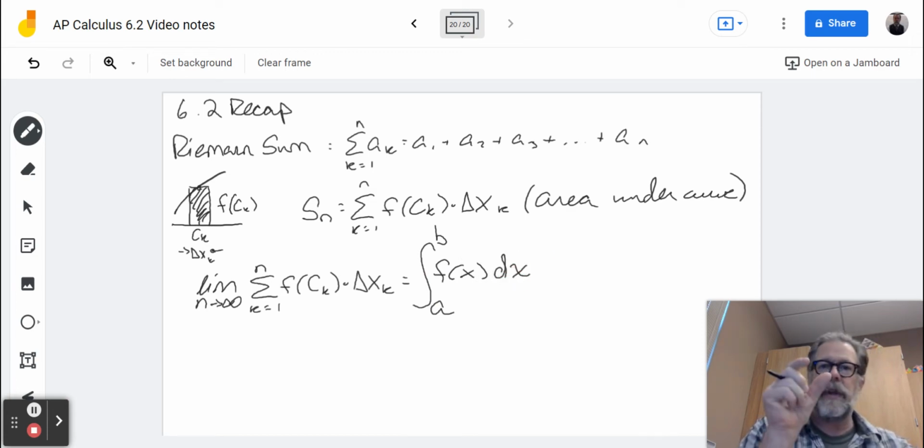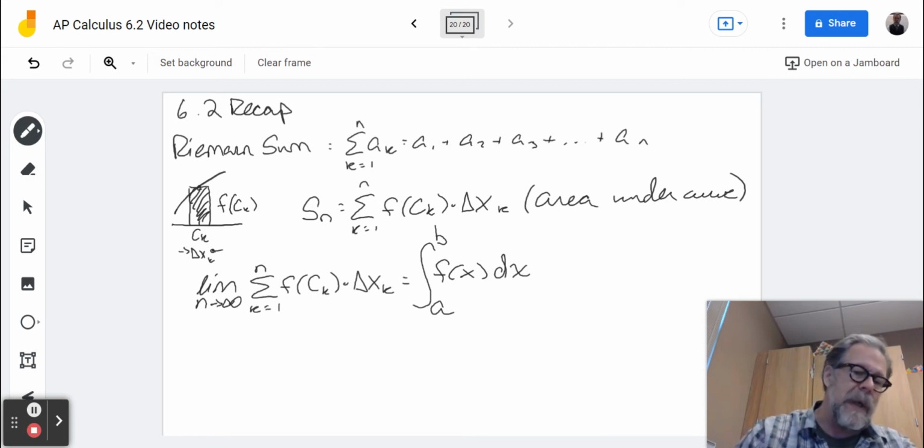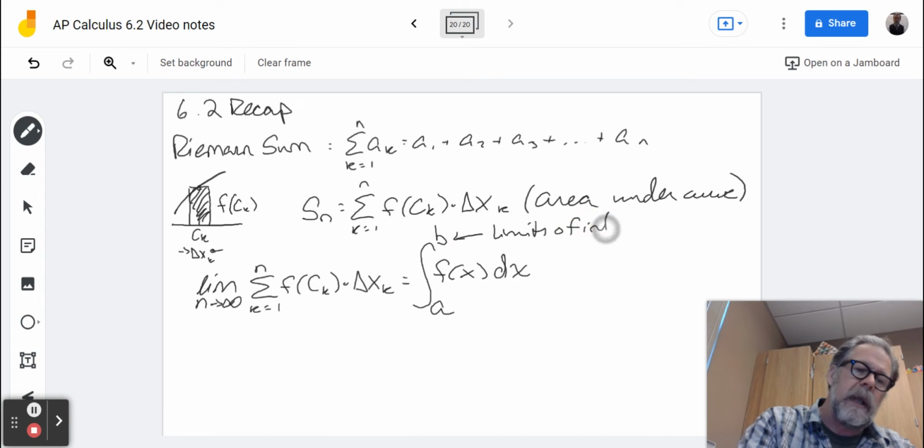Remembering that dx is the differential of delta x as that width goes to 0, or the number of rectangles goes to infinity. So notation, b and a are the limits of integration, upper and lower.